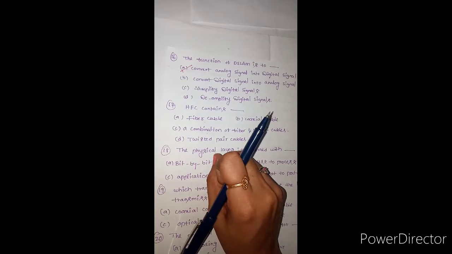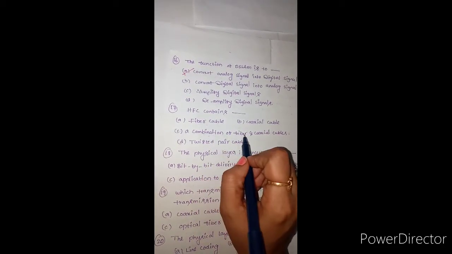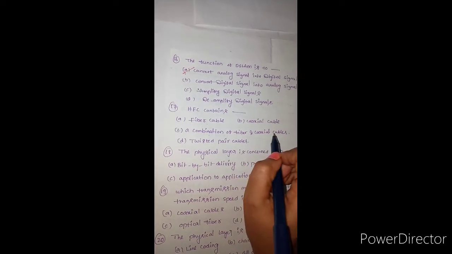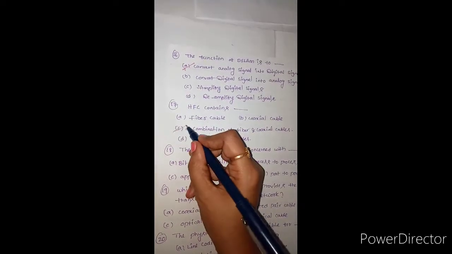It comes from broadcasting networks, a combination of optical fibers and coaxial cables. So the correct answer is the combination of optical fibers and coaxial cables. Here hybrid means mixing of two cables, so the combination of fiber and coaxial cables is the correct answer.